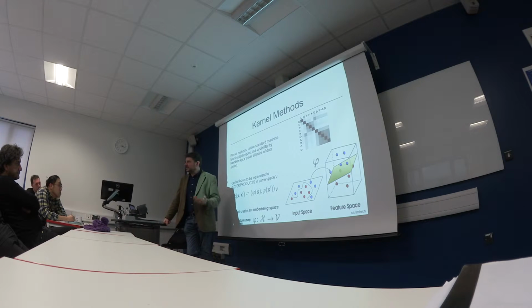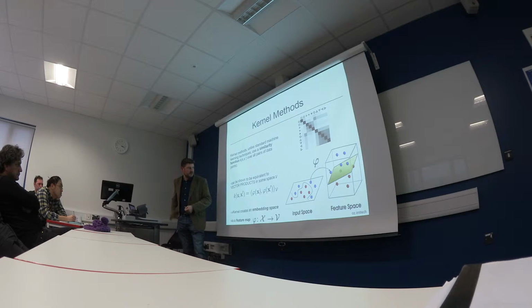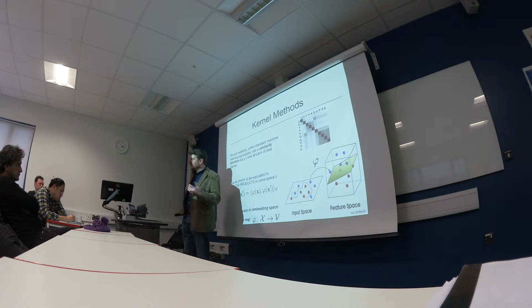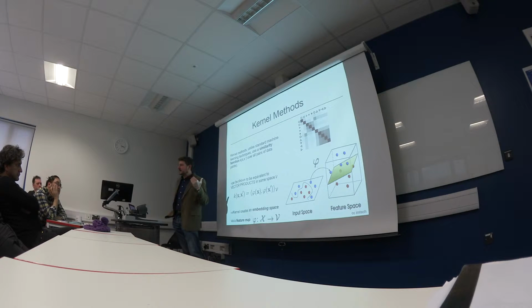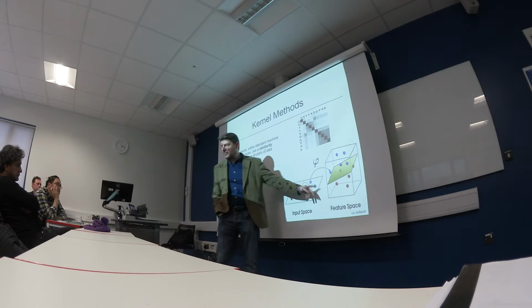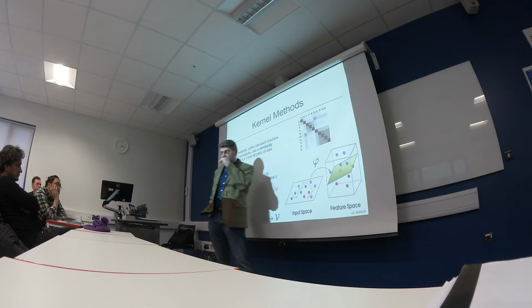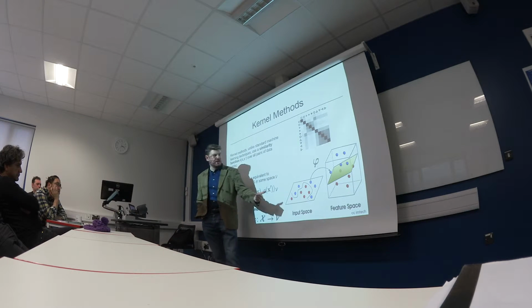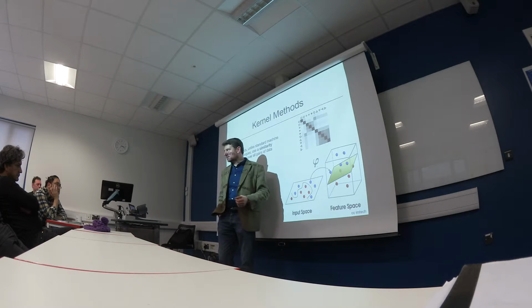But what you can always show is that provided your kernel obeys Mercer's condition, you can show that it is equivalent to a vector product in some Hilbert space. Now, you don't know what that Hilbert space is or its dimensionality necessarily, but you know that it exists.